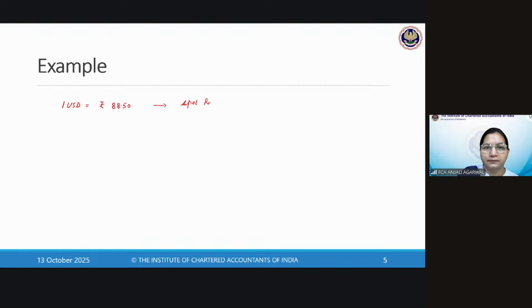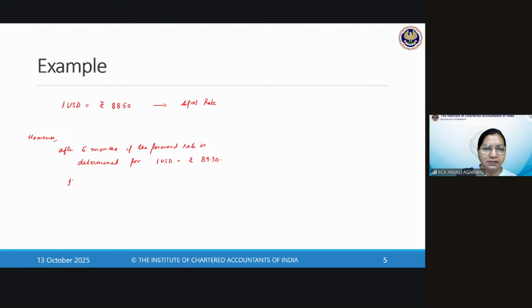However, after 6 months, let's say another time period, if the forward rate is determined for 1 USD to be rupees 89.30, this will remain 89.30.